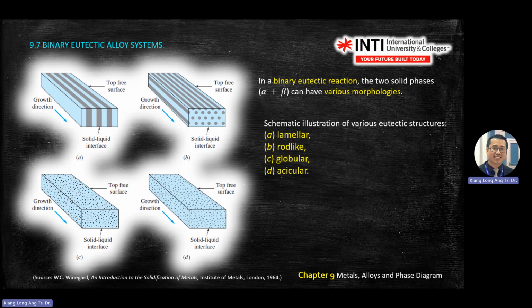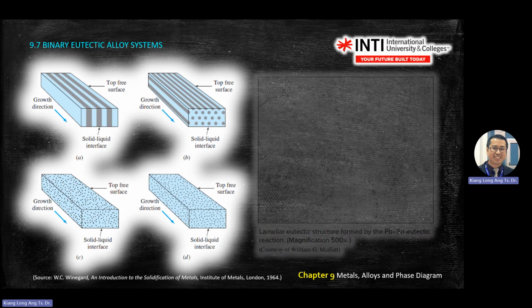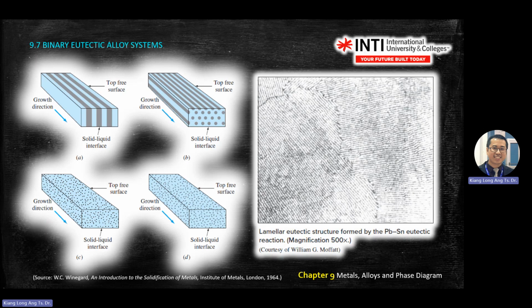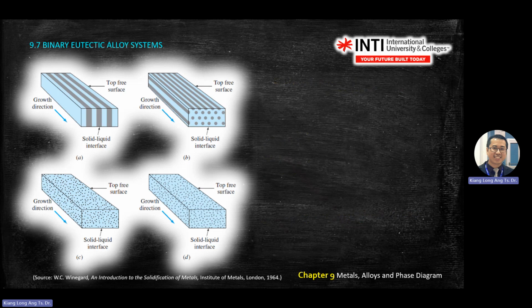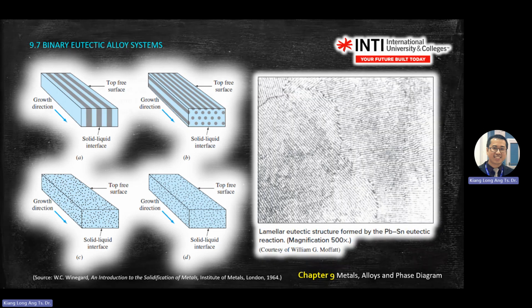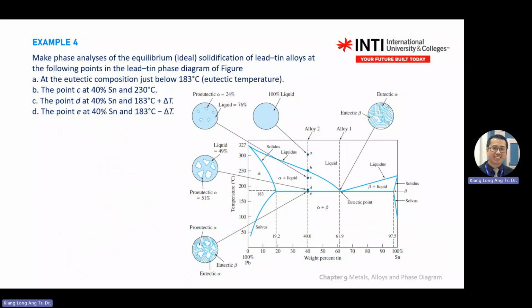But I won't test you on this, just so you know there are forms of eutectic structure. Under the microscope, lamina will look like this.